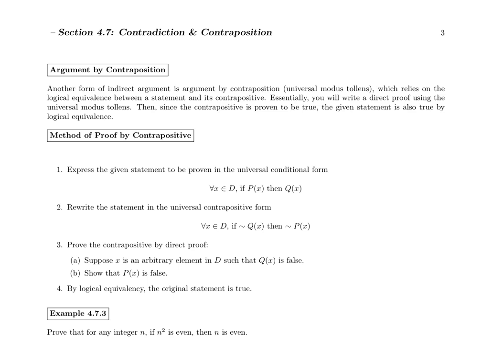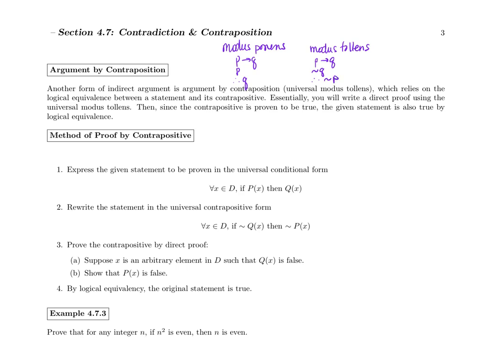So if you remember, our modus ponens says if P then Q, P therefore Q. Our modus tollens, which relies on the fact that our universal conditional statement and its universal contrapositive are logically equivalent, says that if we have if P then Q, we can say not Q, therefore not P.